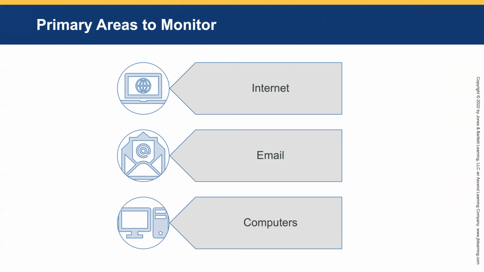And of course, those three main areas of monitoring employees' usage include internet usage. Internet usage could be making sure that employees are only able to access very specific websites that are appropriate for the work that they have to do on behalf of the organization.